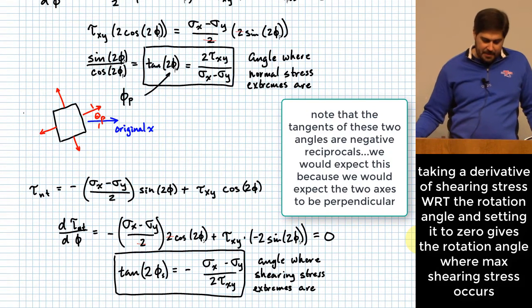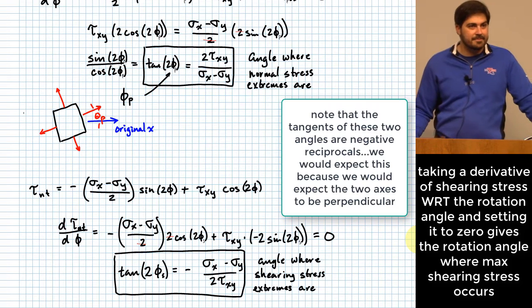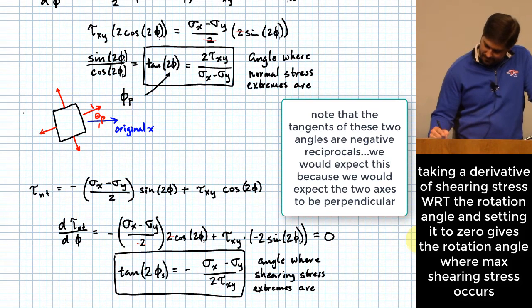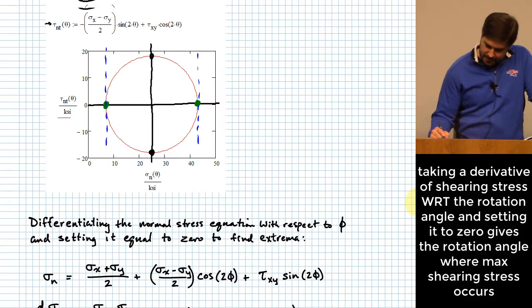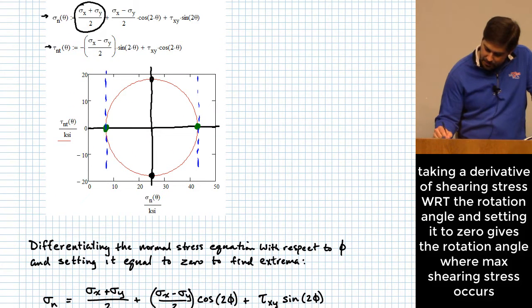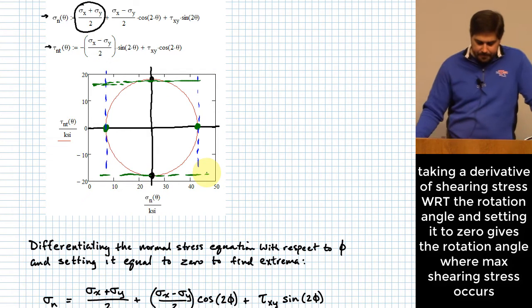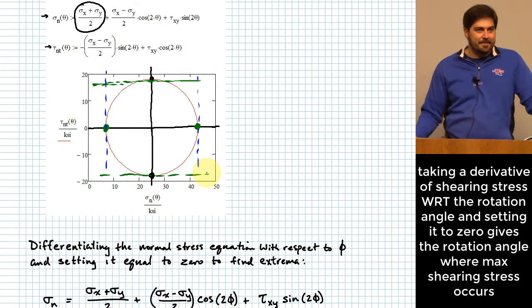We can kind of do the same thing with respect to shearing stress. What are we finding there? Essentially what you're finding is the angle that you would need to rotate through so that you could figure out this maximum up here for shearing stress, or the maximum down here, minimum. Okay?